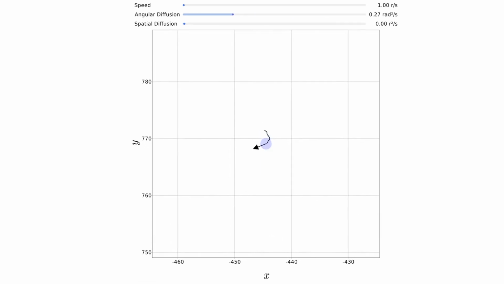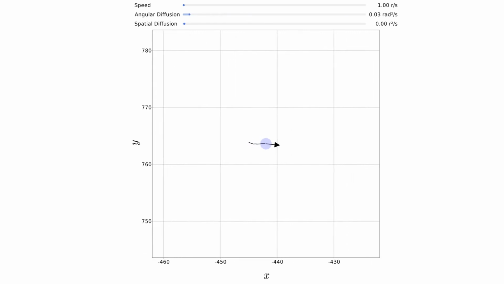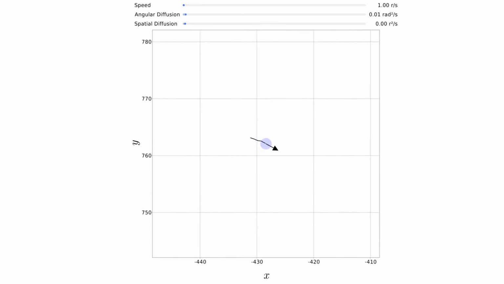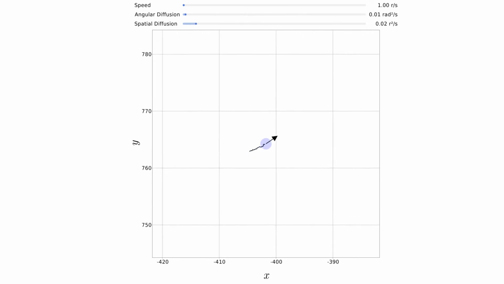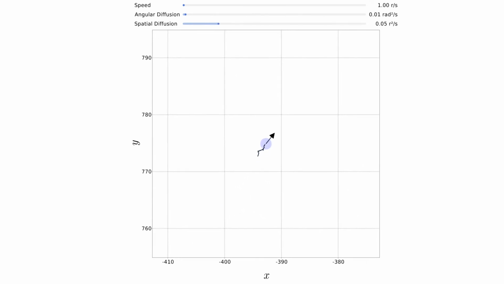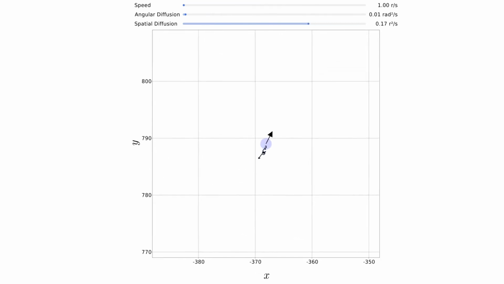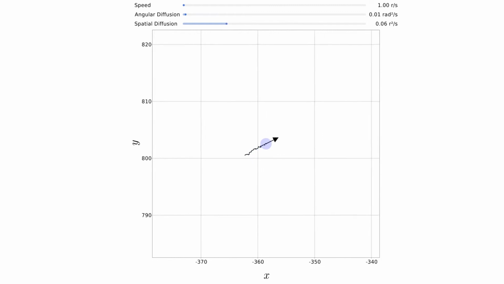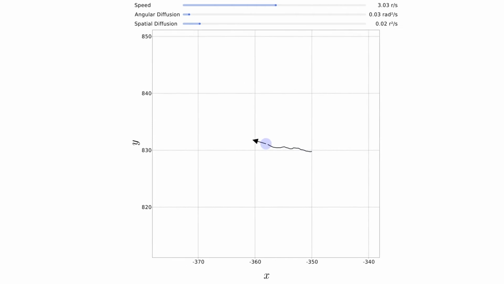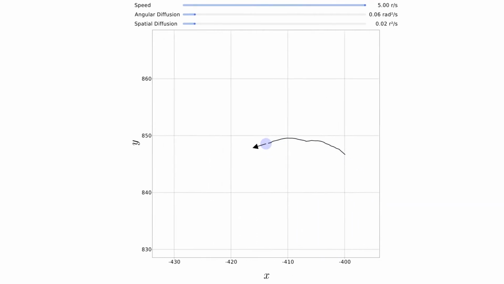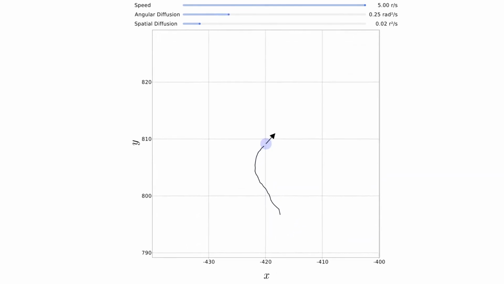There is also noise applied directly to the particle's position, spatial diffusion, jostling it like Brownian motion, as if it is colliding with many microscopic particles. Increasing spatial diffusion does not affect the heading direction directly, but does affect the path of the particle, making it more erratic. The faster the particle moves, keeping the diffusion constant, the more persistent the particle's motion is.